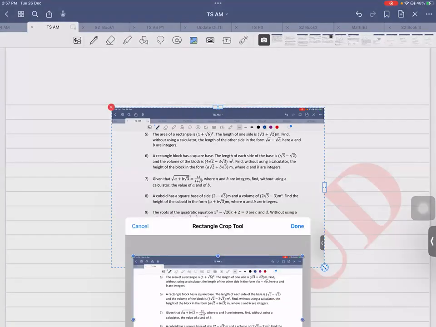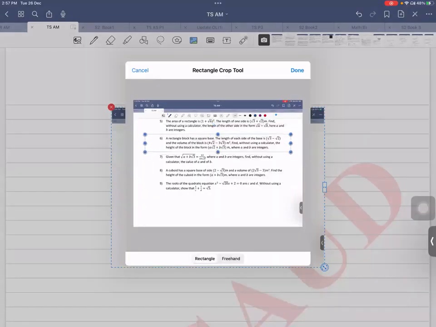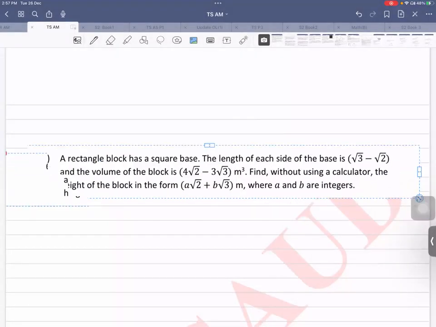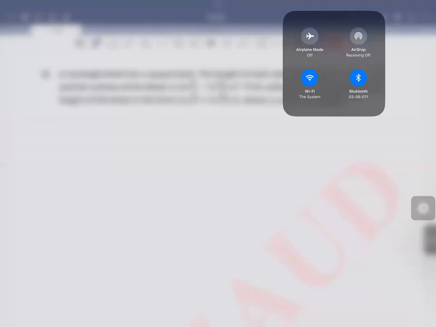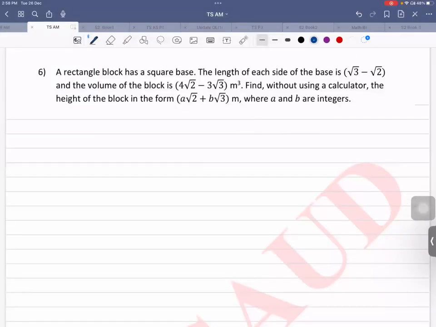Question number 6. What is the meaning of square base?